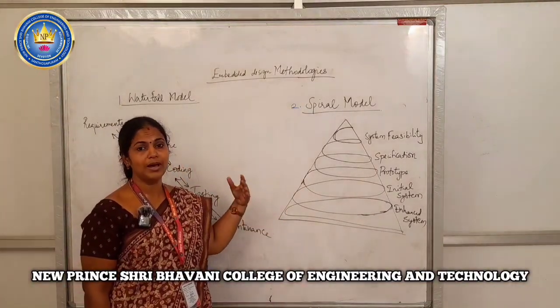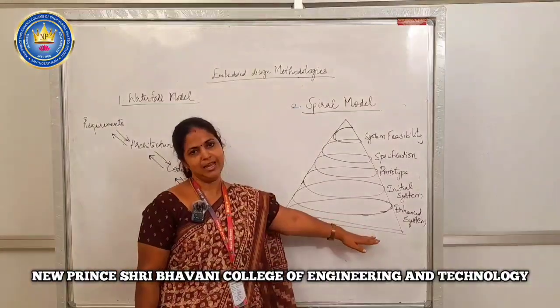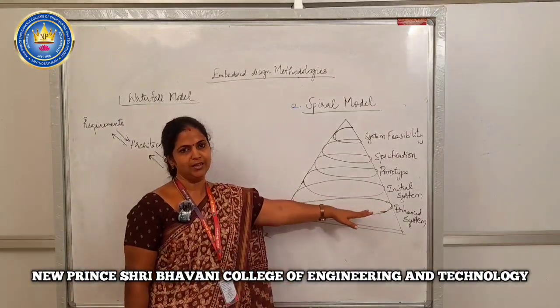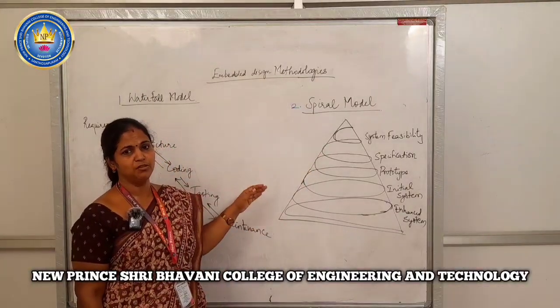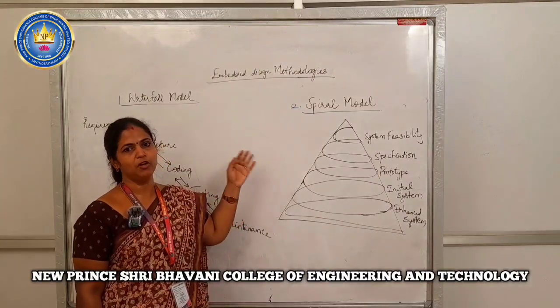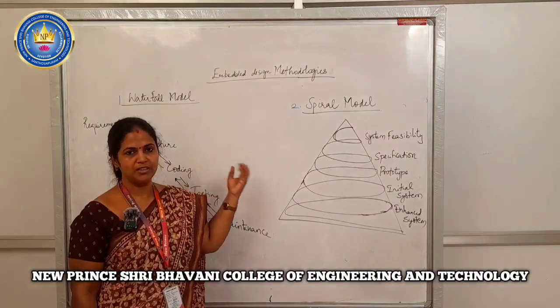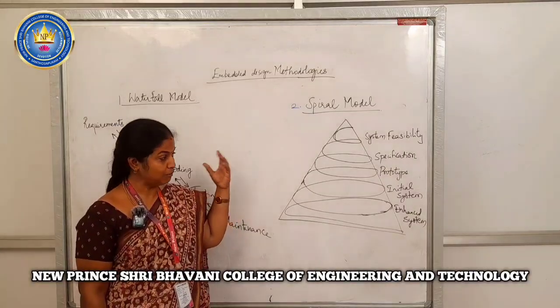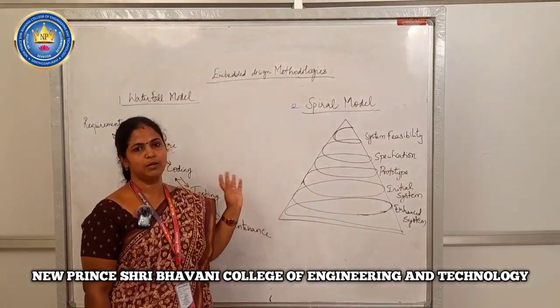If you want to add some features, we do it at the enhanced system stage. So in this spiral model, the steps are not sequential. At each and every step we analyze how far the risk factor is. You can plan it, and continuous monitoring can be done in this spiral model.